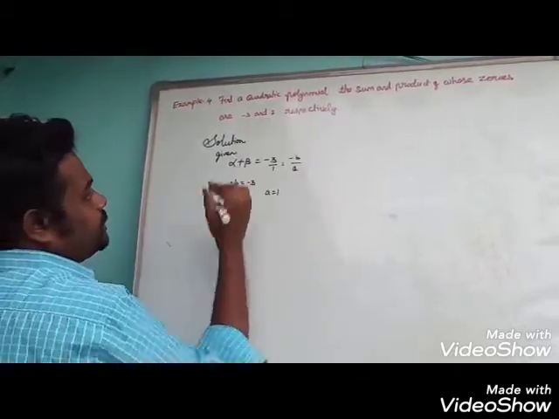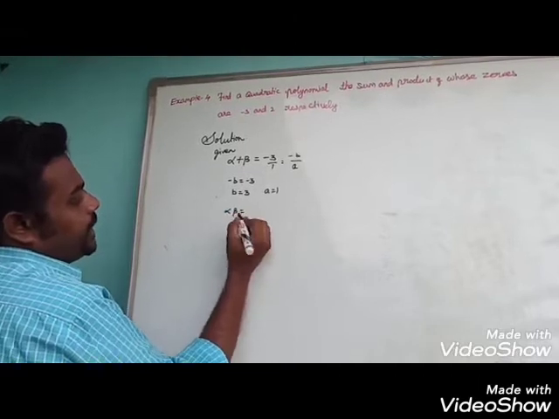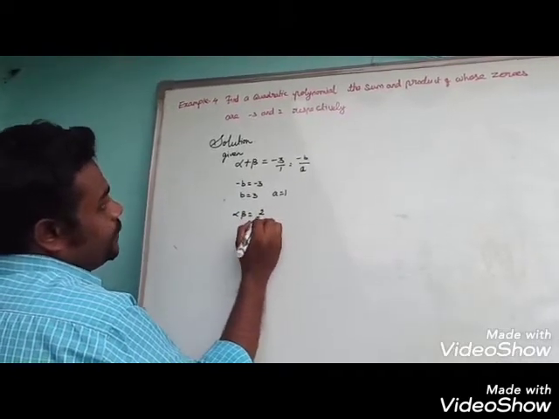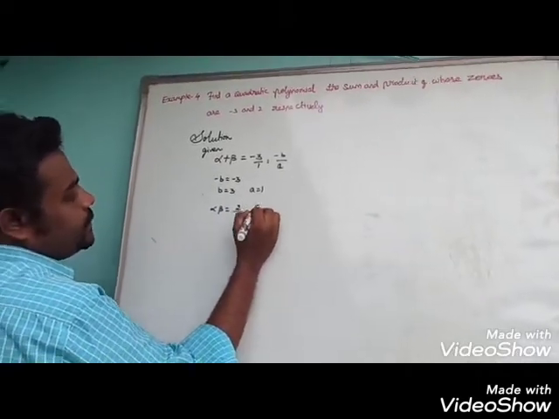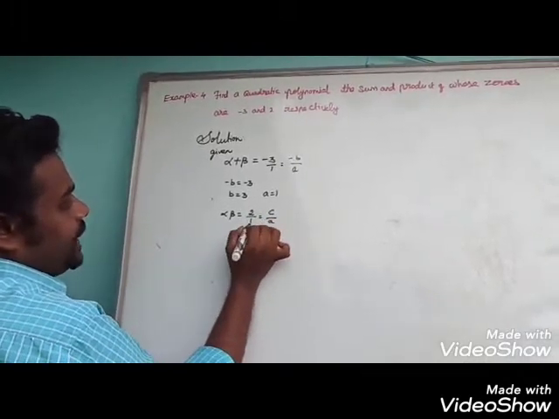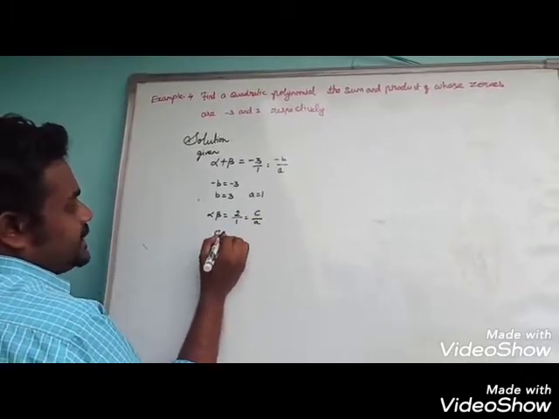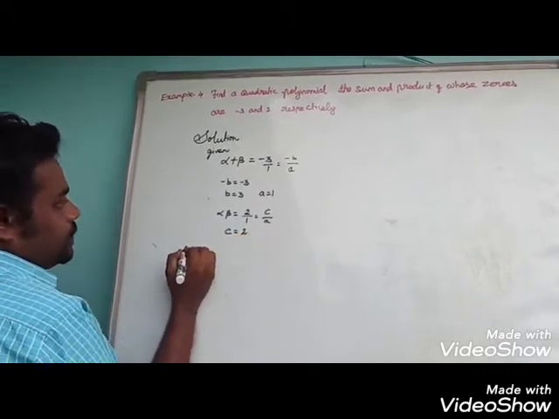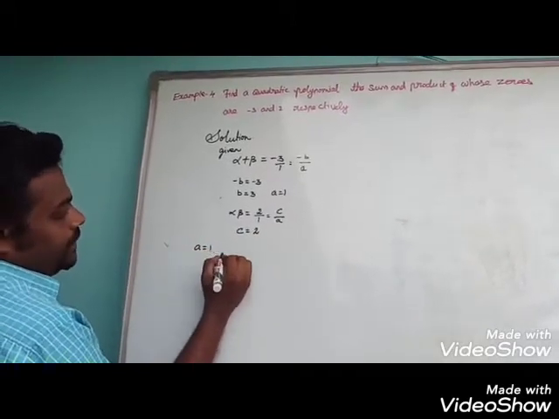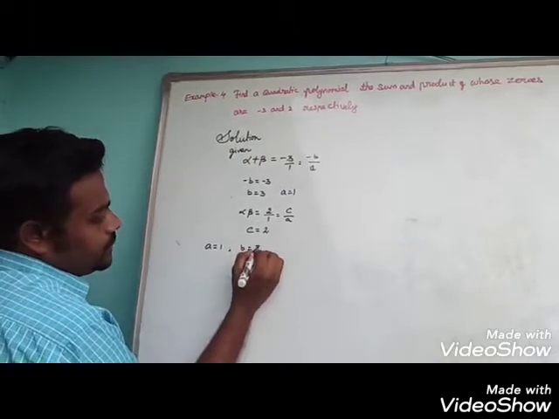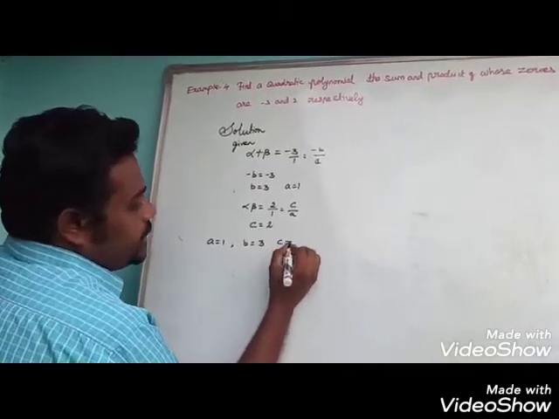Next, the product of zeros, alpha beta, is 2 divided by 1, which is equal to c divided by a. Already we know a equal to 1, so c equal to 2. So a equal to 1, b equal to 3 and c equal to 2.